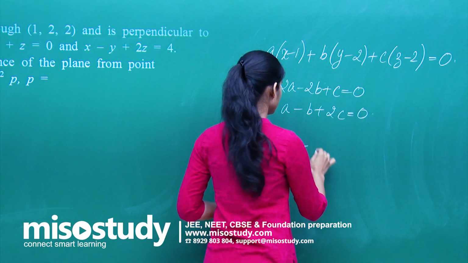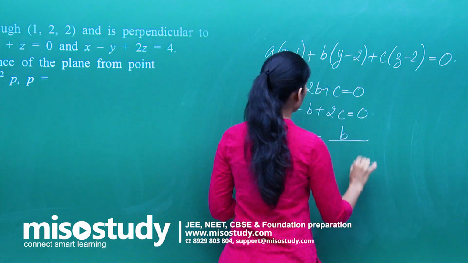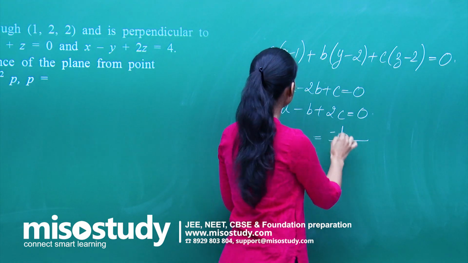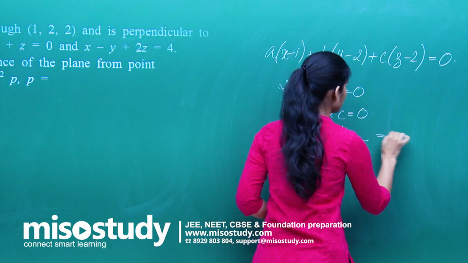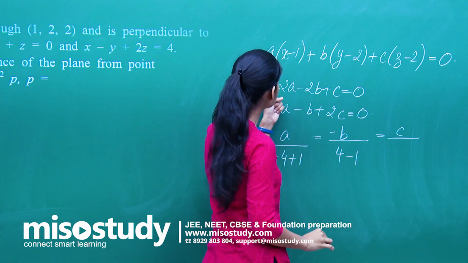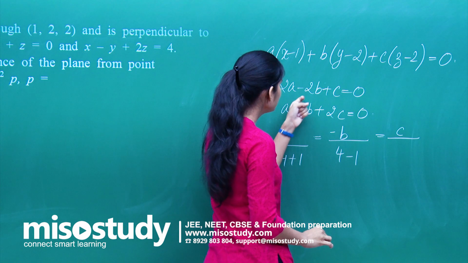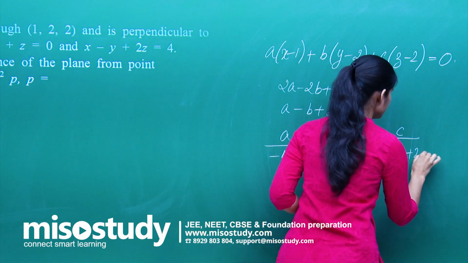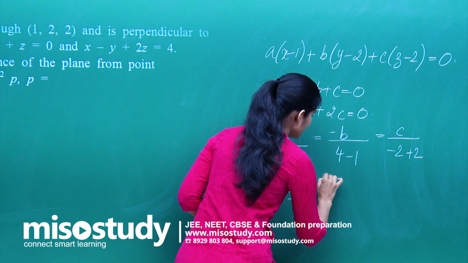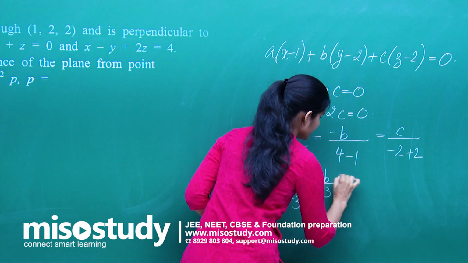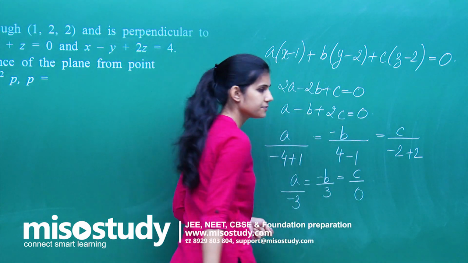Minus 4 plus 1 equals minus b upon 4 minus 1 equals c upon, this becomes what? Minus 2 plus 2. So you get a upon minus 3 equals minus b upon 3 equals c upon 0.